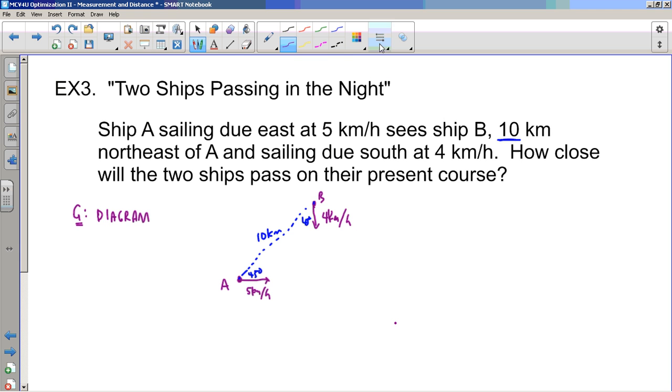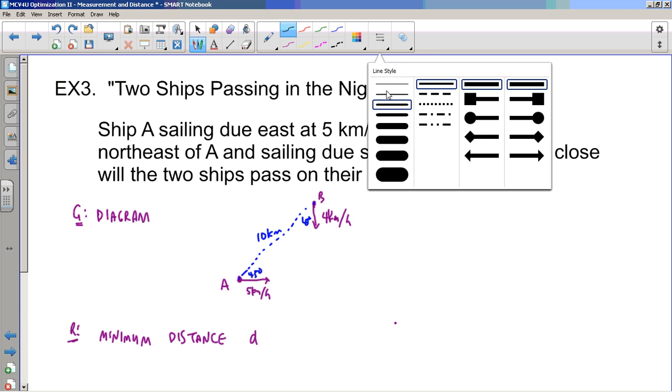So I'm going to go back and think about what I'm required to find. What I'm required to find is how close. Well, what I want to find is the minimum distance between A and B. And I'm actually going to call the distance D, and I'll go to a different color again here.